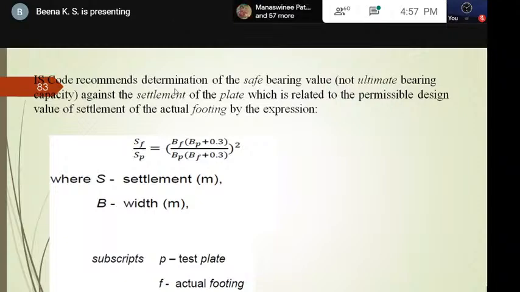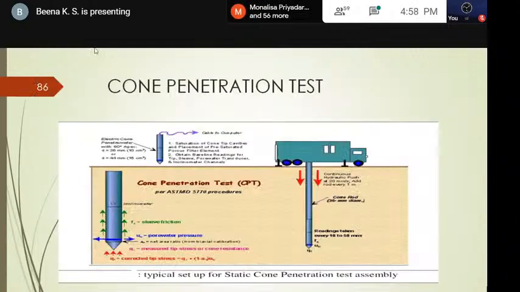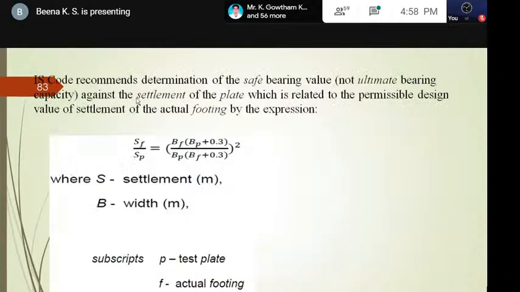So the IS code recommends determination of safe bearing value, that is not ultimate bearing capacity, against the settlement of the plate, which is related to the permissible design value of settlement of the actual footing by the expression SF by SP is equal to BF into BP plus 0.3 divided by BP into BF plus 0.3, the whole square, where S is the settlement and B is the width.